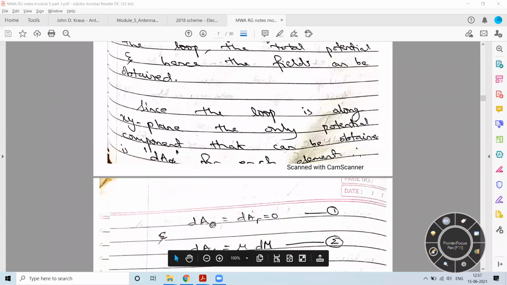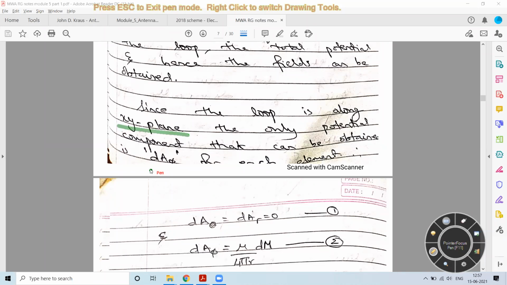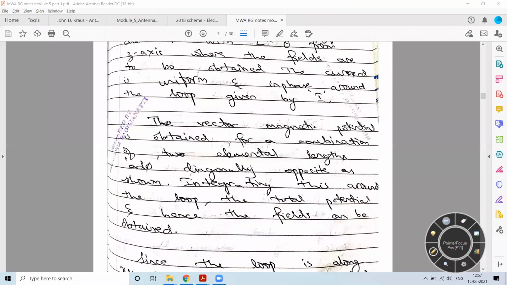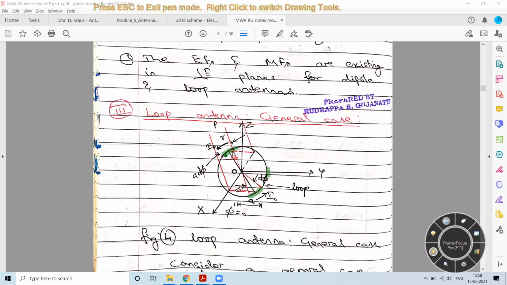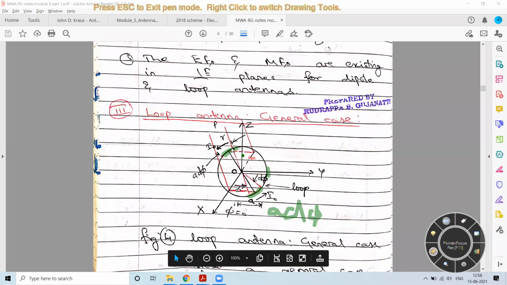Now, because of the placement of the loop in the xy plane, we have only the phi component associated with the vector retarded potential. Here we consider a small elemental value whose length is A into d phi.